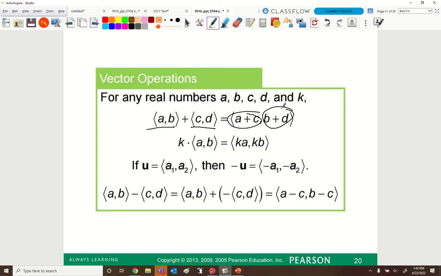Next one, K. K is going to be a multiple, or a scalar. Remember when I was talking about going from here to Lux? That would be my magnitude, the distance from here to Lux. My vector is me going from here to Lux.